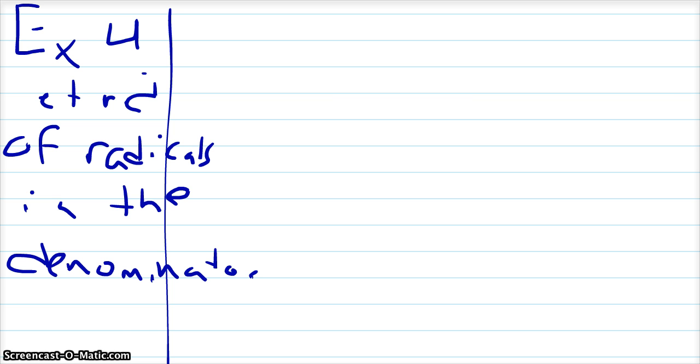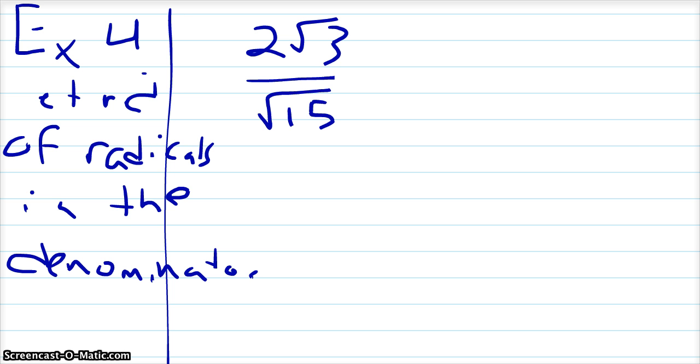Realize I'm writing this with my hand on my iPad, so this might not be the best handwriting, but you'll get the gist. Alright, so the problem on this one is 2 square root of 3 over square root of 15. Okay, so I'm going to use different colors so you can know that was our original problem.